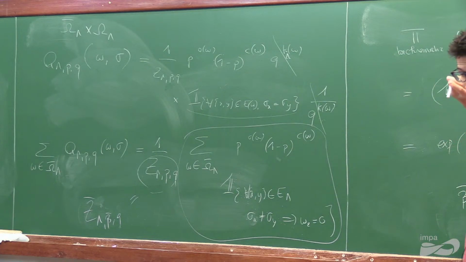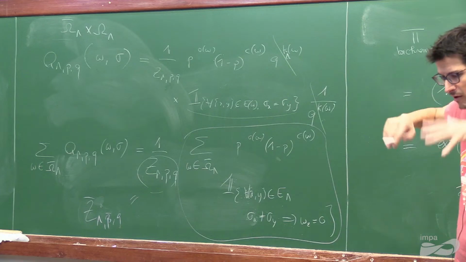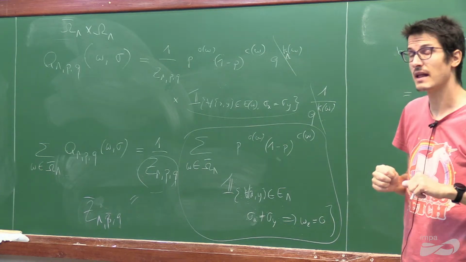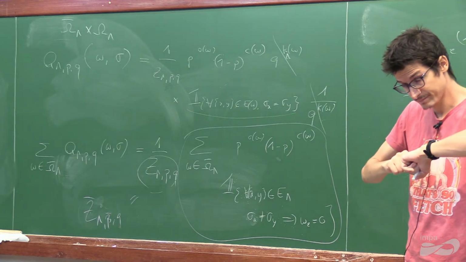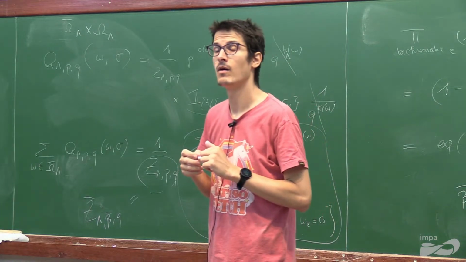So this gives you the Potts model with free boundary condition. If you want the Potts model with some other boundary condition, what you have to consider is that all the edges outside of the box are open.